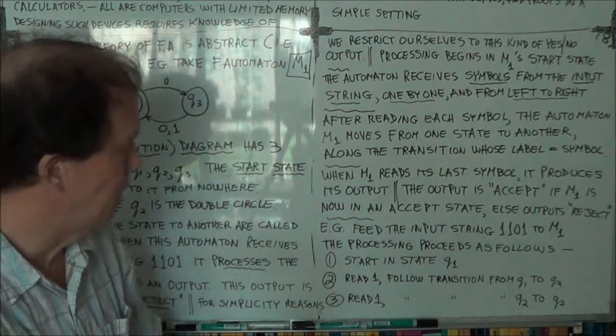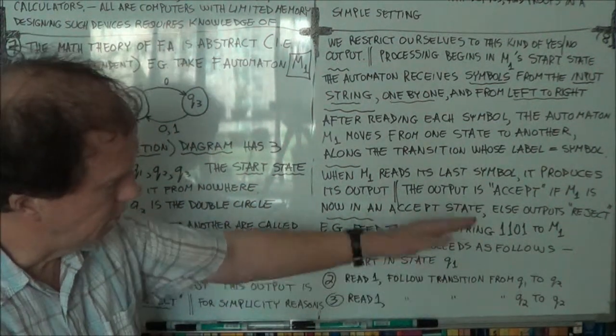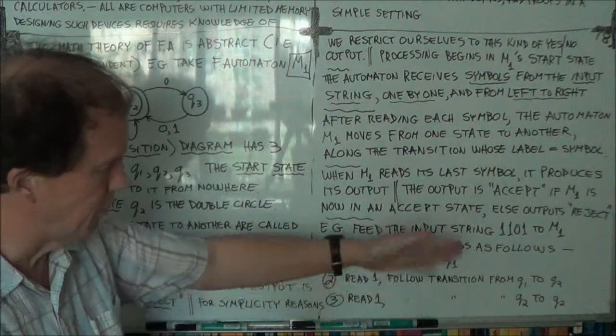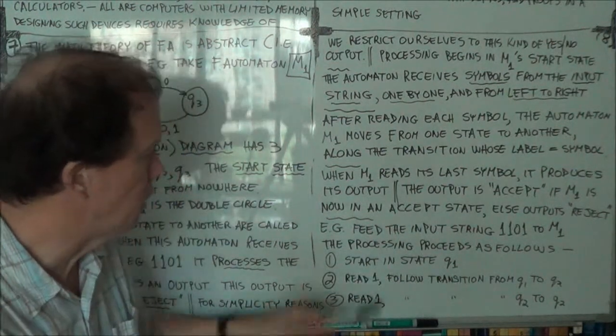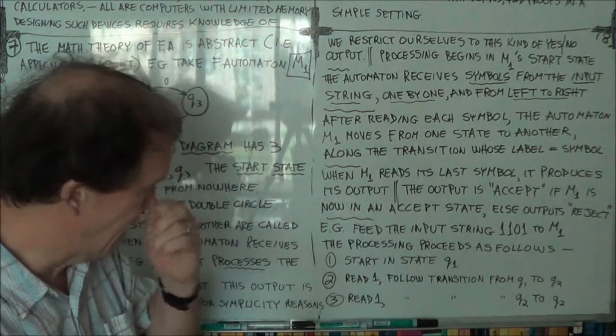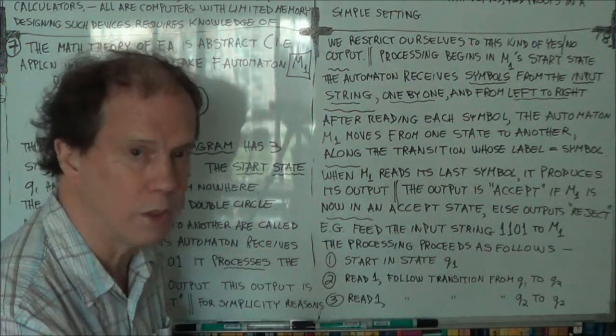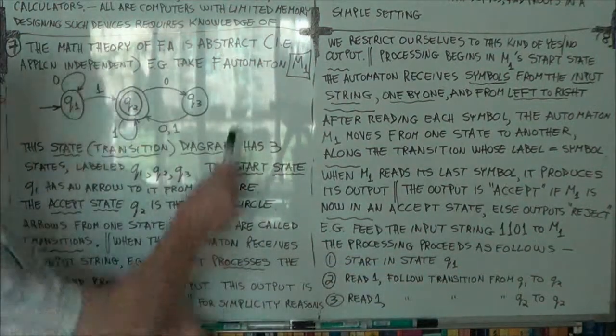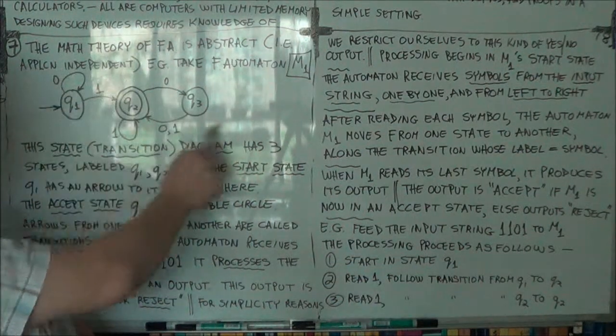Alright. Now I've run out of board, so we'll have to continue this next session. But we can start a concrete example where the automaton we're talking about is M1. In other words, it's this automaton.